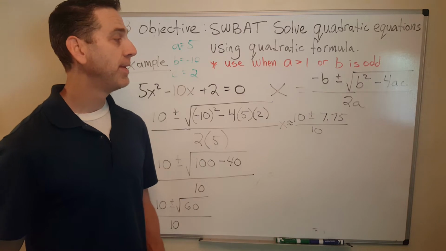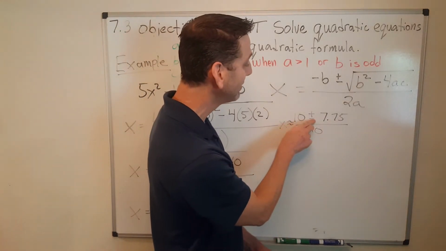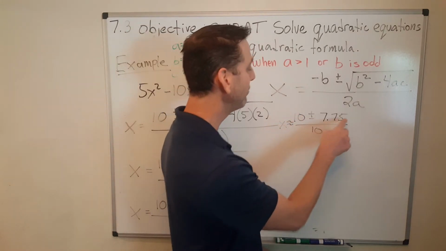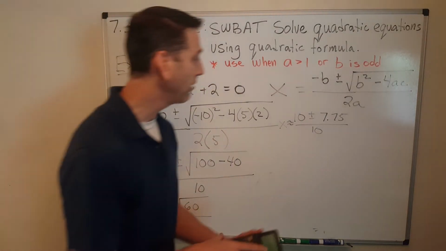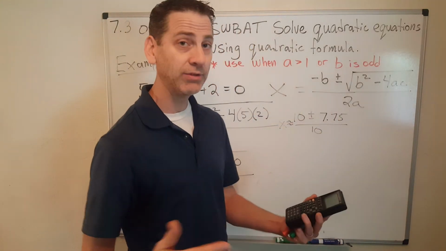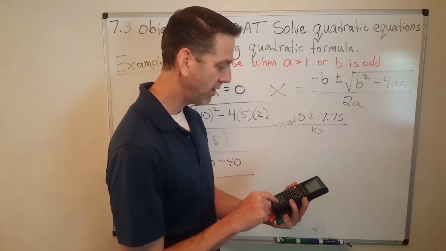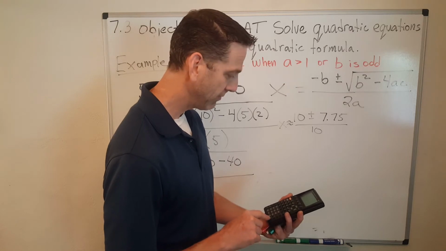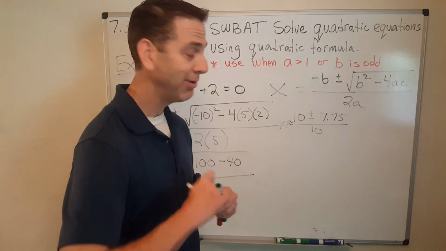So x equals 10 plus 7.75 over 10, or x equals 10 minus 7.75 over 10. On my calculator, 10 plus 7.75 is 17.75, divided by 10, which is obviously going to be 1.75. I didn't need a calculator for that one.